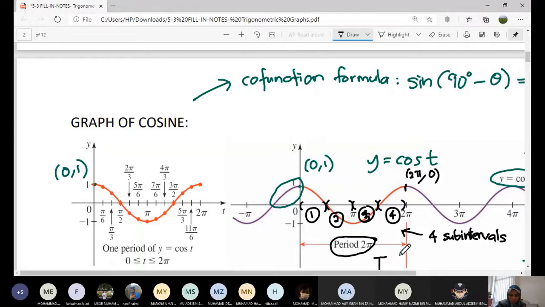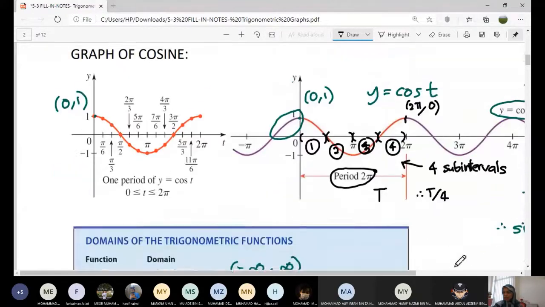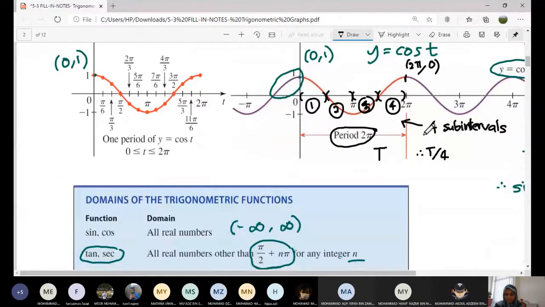So to calculate the length of each subinterval, we take T divided by 4. T divided by 4 is the length of each subinterval.